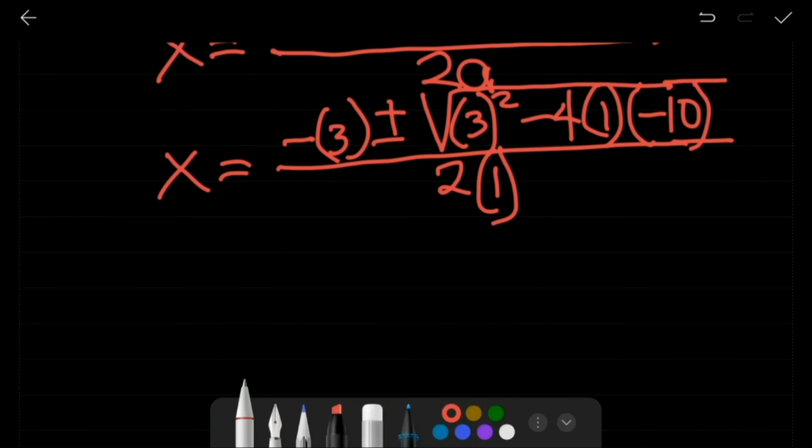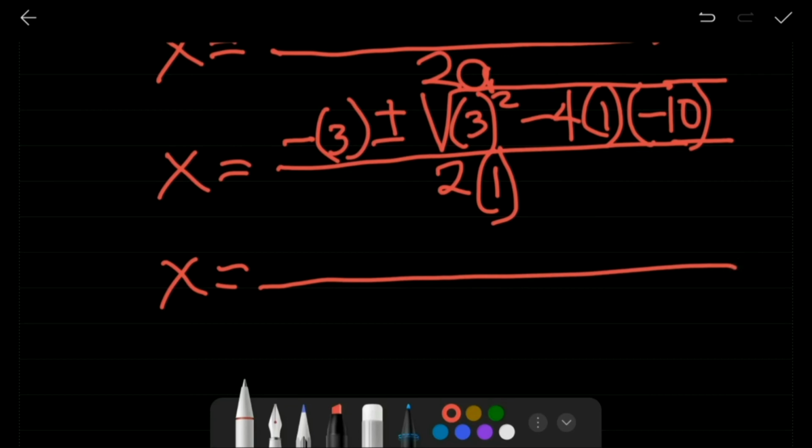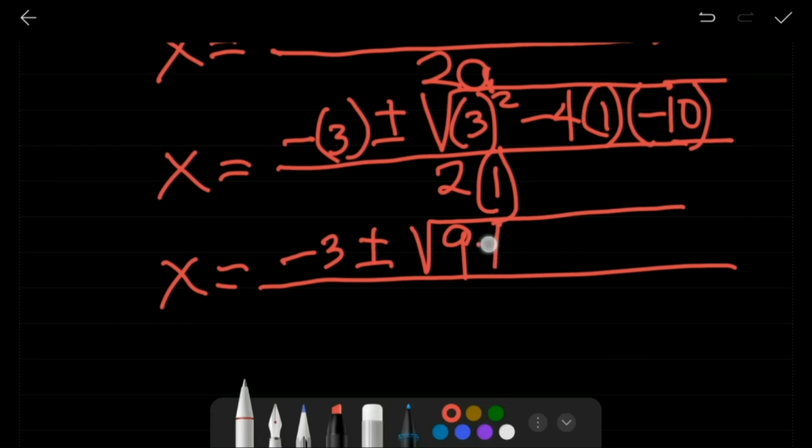So we will simplify. x is equal to negative 3 plus or minus 3 squared is 9, and negative 4 times 1 times negative 10 is positive 40, all over 2 times 1 is 2.